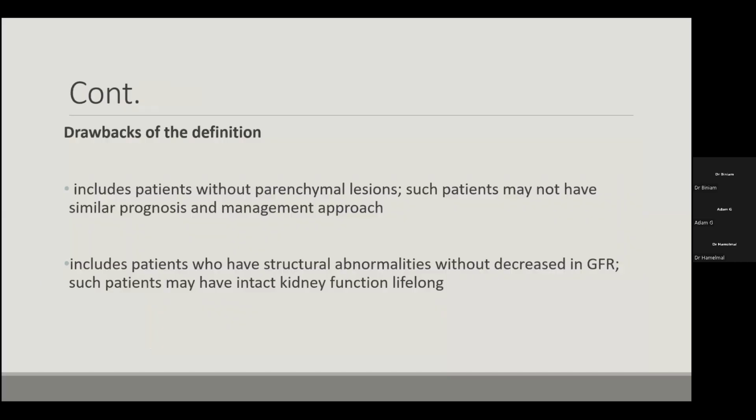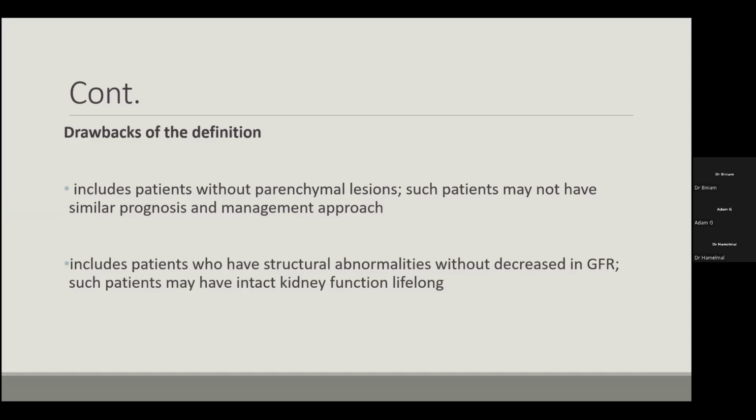So one of the drawbacks is it includes patients without parenchymal lesions. For example, like I told you, patients with stone disease. Some patients may have stones on imaging. So by the definition, if the stone disease persists for more than 3 months, it's CKD. But it doesn't mean that patients have a similar prognosis as patients with parenchymal lesions.